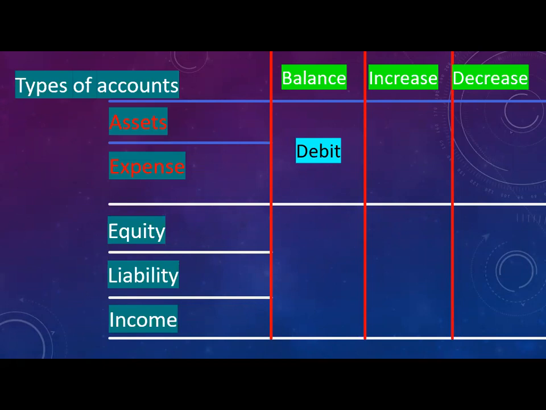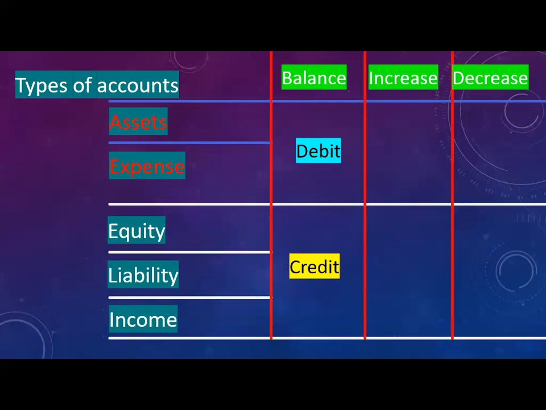If the asset and expense balance is on the debit side, on which side do equity, liability, income balances come? The other side, because in the equation, asset is on one side and equity and liability on the opposite side. Therefore equity, liability, income come on the credit side. Can you understand, everyone?